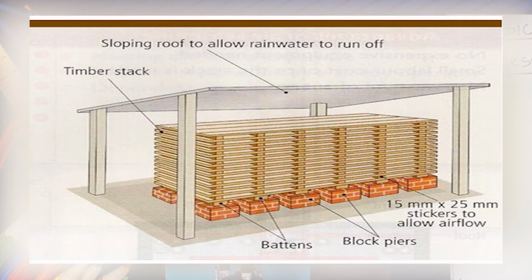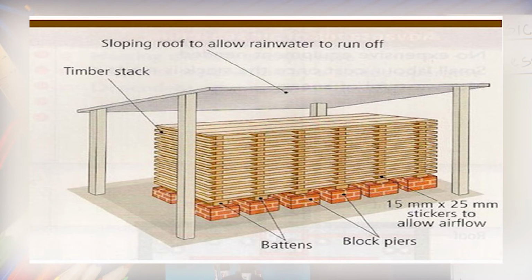These logs are separated with little pieces of wood. These little pieces of wood are called stickers. The spaces in between them allow for air flow. The roof is sloped.